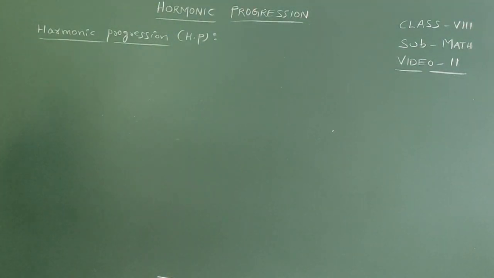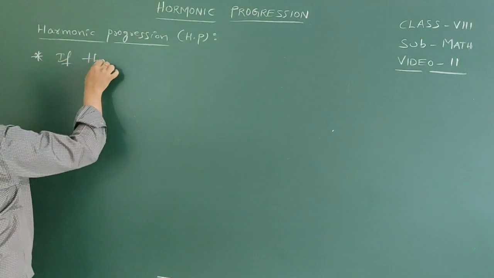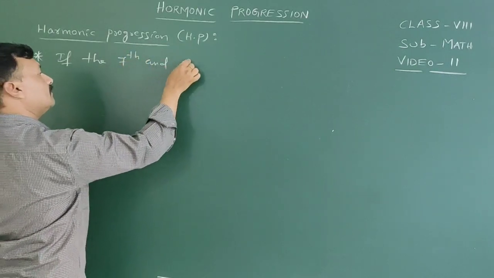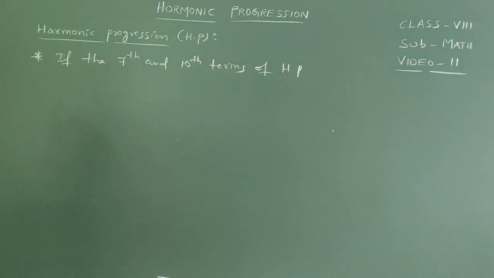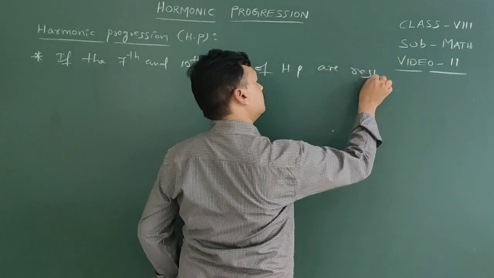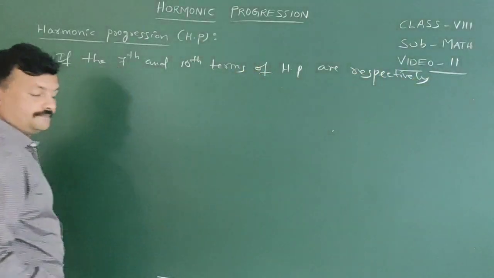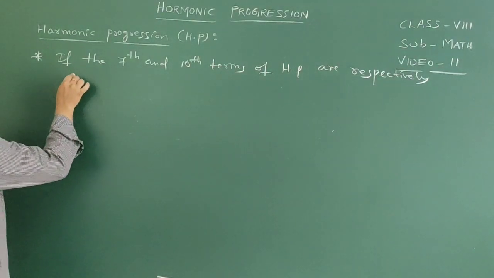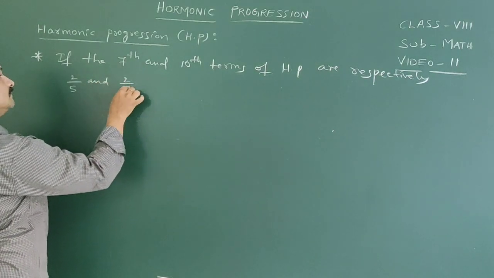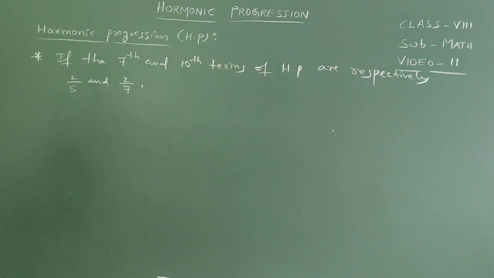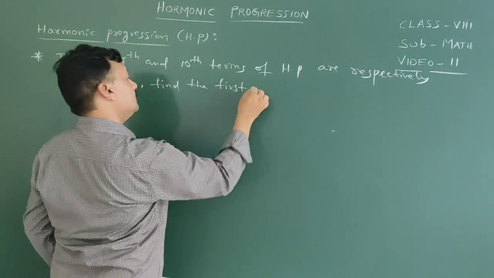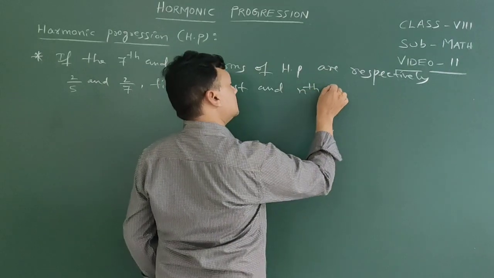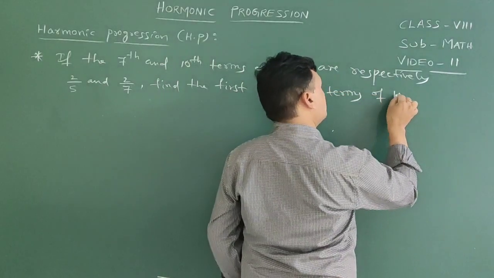The 7th and 10th terms of an HP are respectively 2/5 and 2/7. Find the first and nth terms of the HP.